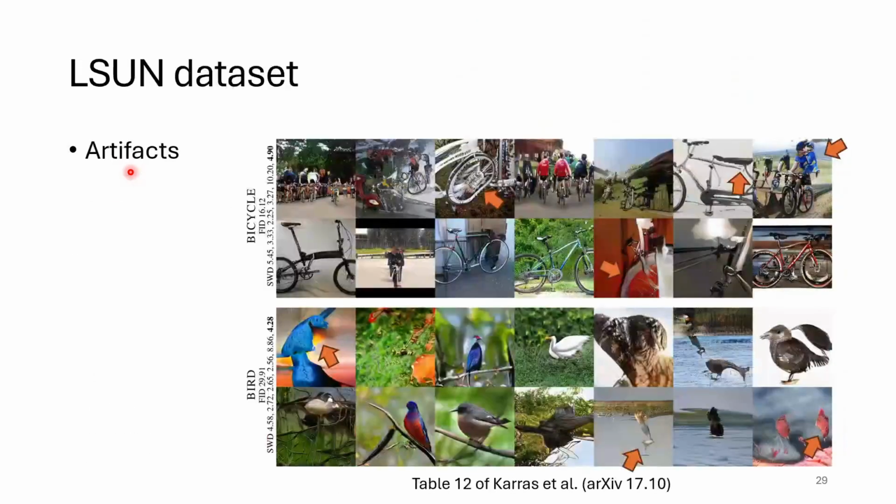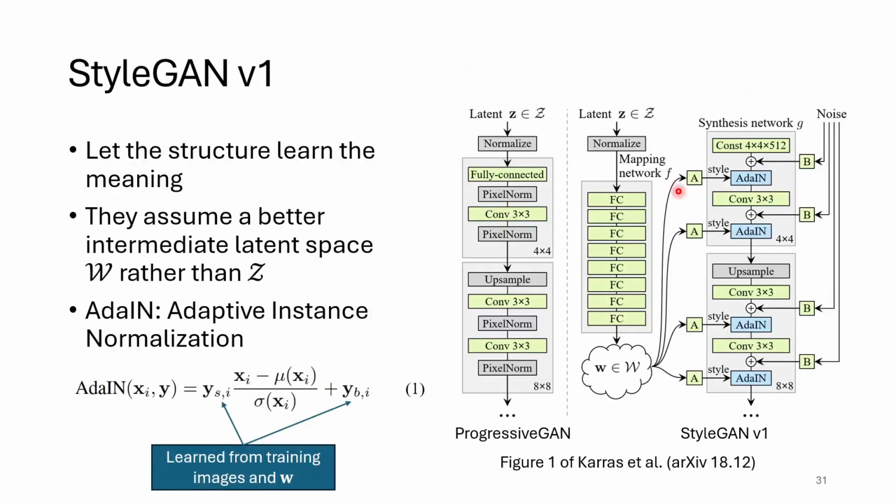But in StyleGAN, no, they don't need it. They just use a fixed, constant 4x4 by 512 signal. They only need to control the latent. The latent is no longer the input signal for the generator.